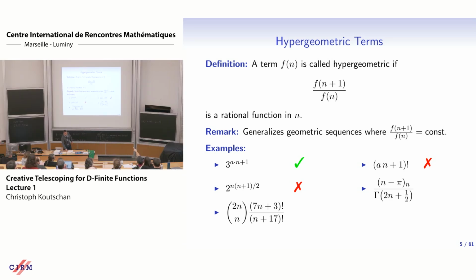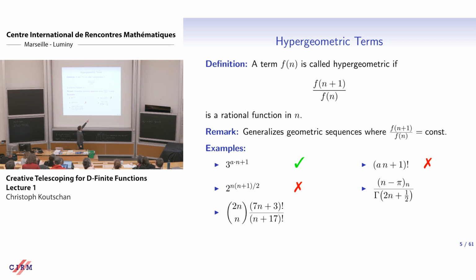If a is equal to 1, then it's hypergeometric. If you replace a by any integer, it is hypergeometric. But for symbolic a, not.